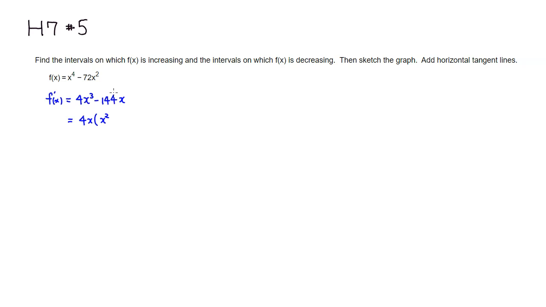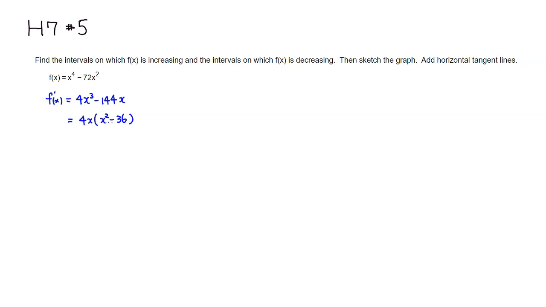We pull out 4x from 144x: 144 divided by 4 is 36, and the x is already pulled out.